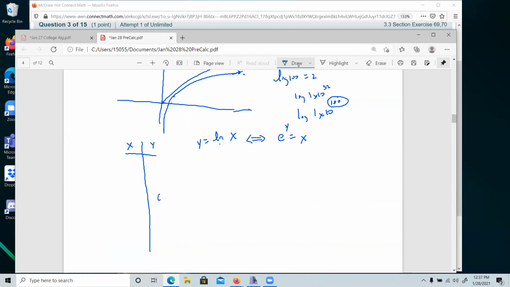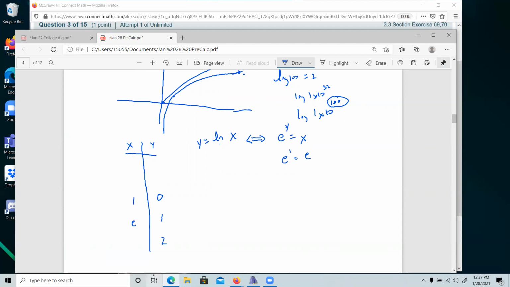Y equals 0, x equals 1. That seems way too straightforward compared to what we've been doing. e to the 1 is equal to e. There's not really a lot to do with this. That's about all we have: y is 1, x is e.